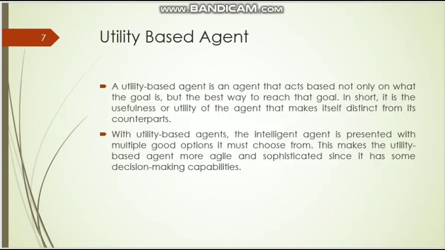The next one is the utility based agent. A utility based agent is the combination of multiple goal based agents, designed to get multiple goals. It is not that after getting the goal it will stop working.